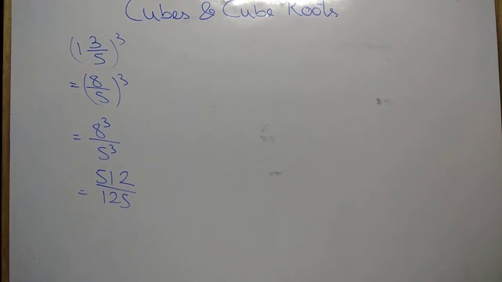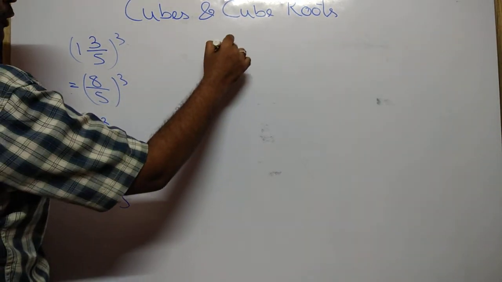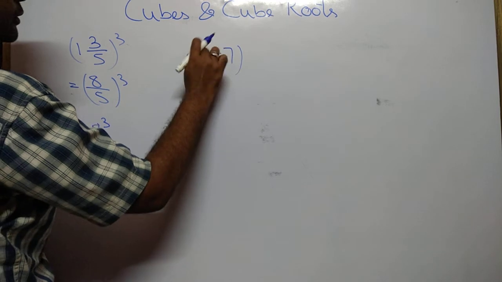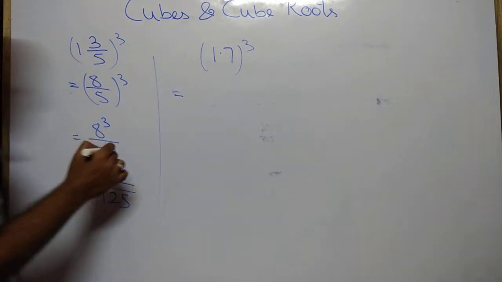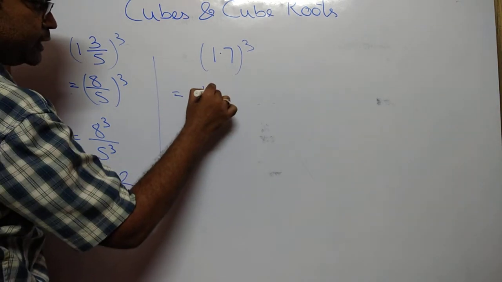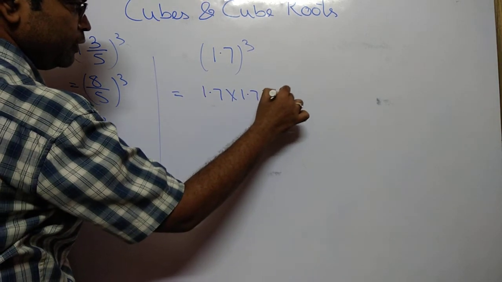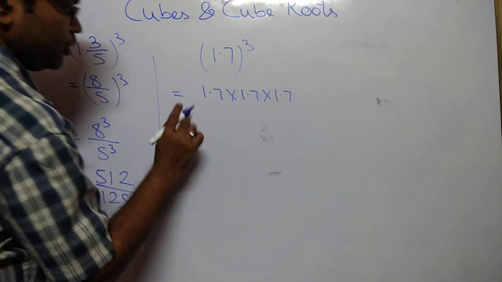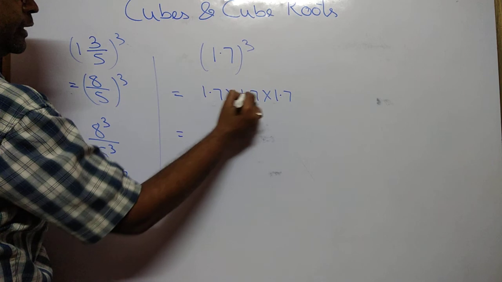Now about decimal numbers, I am solving one decimal number, 1.7 whole to the power 3. How do we find it? Remember, in this case, forget about the decimal. How many digits are there?